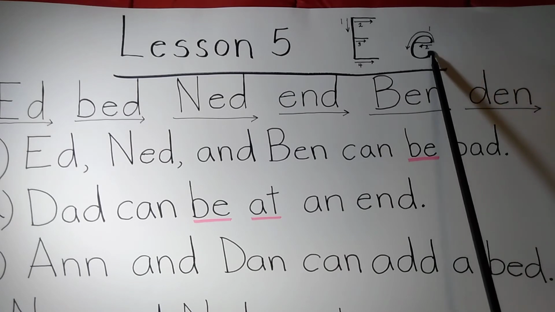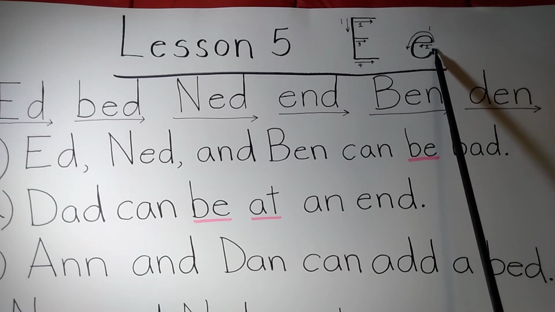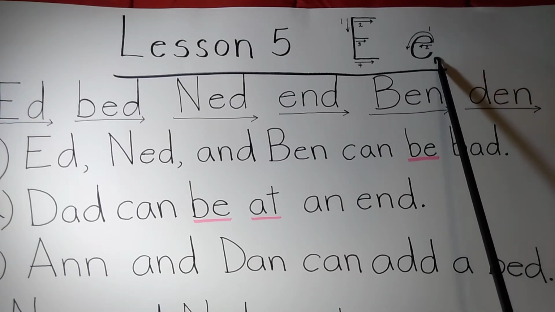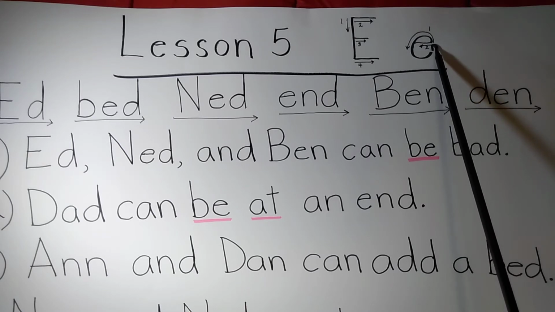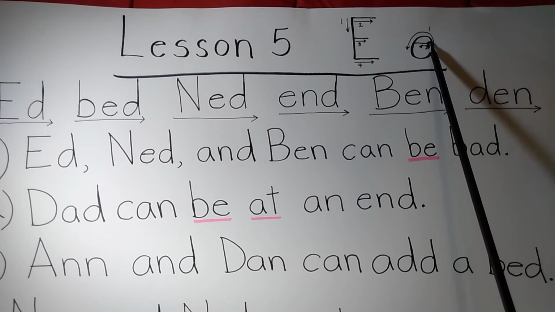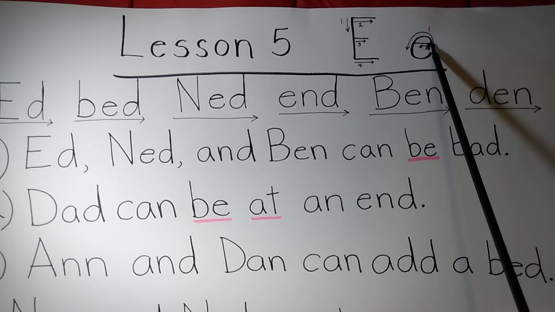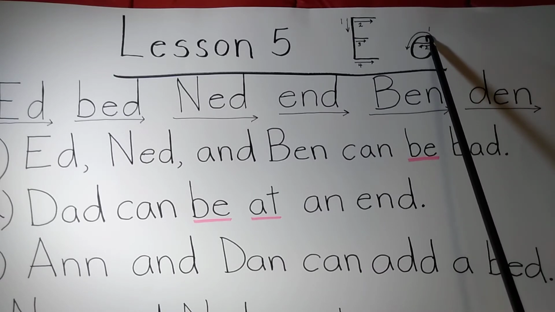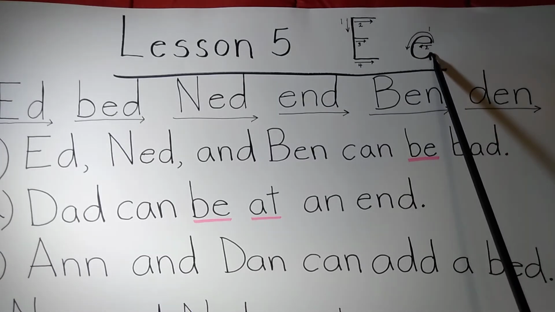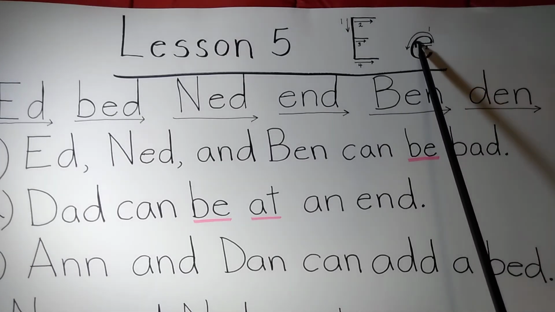Now for the small e, the way I teach it for young students is you start with a C, and you may have to start a little further below the line to make the E look right, but you come up and around just like you're doing a C, and then you make a line straight across.